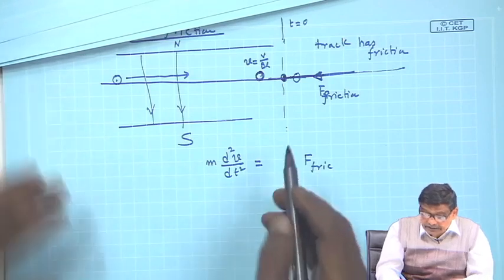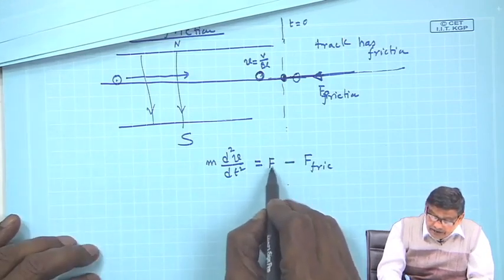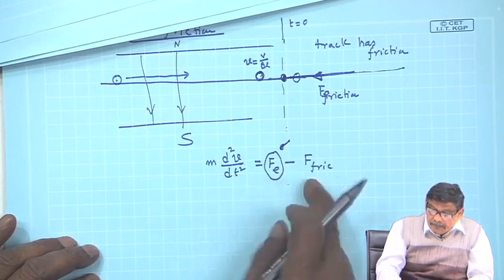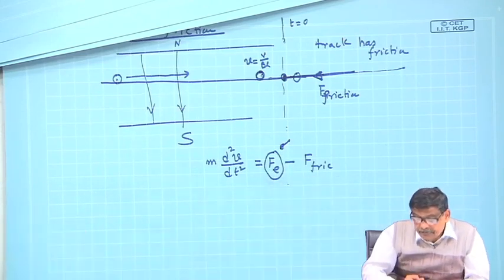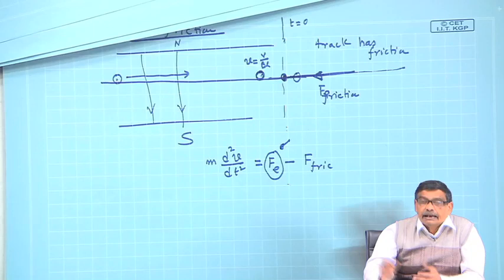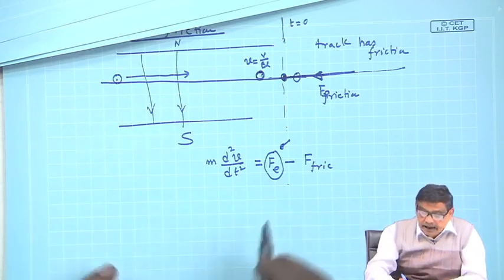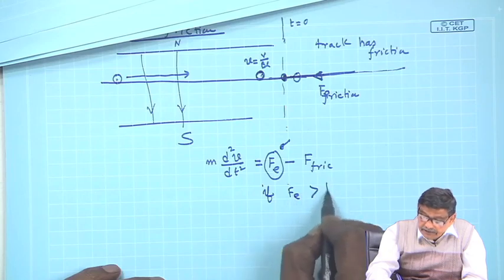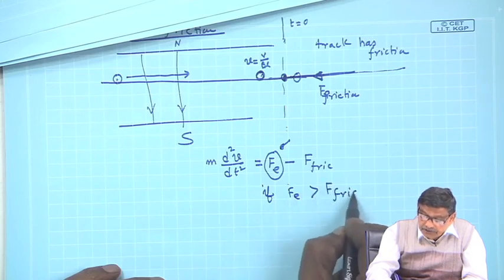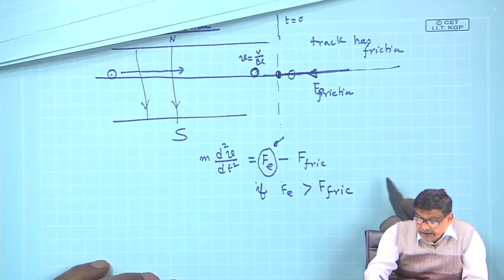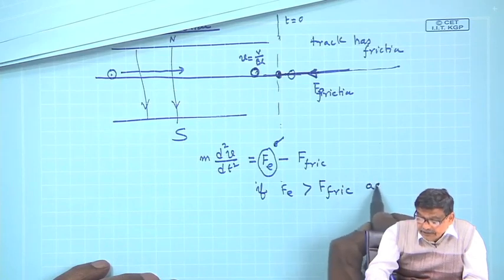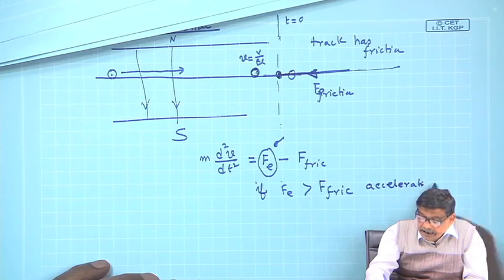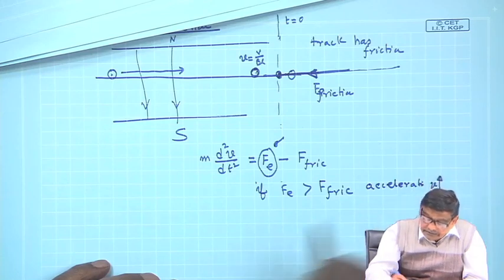So long as this electromagnetic force F_E is greater than F friction, it will accelerate. If F_E is greater than F friction, acceleration, meaning v will increase.